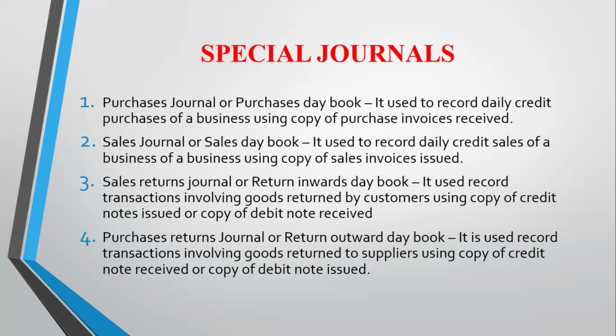When a transaction occurs and it involves cash and cheque, it is the cash book that is first recorded. That is why we say it is a journal. And why do we say it's also a ledger?